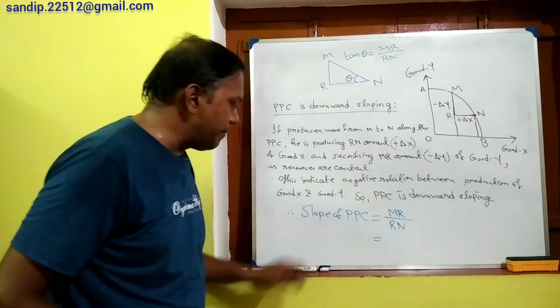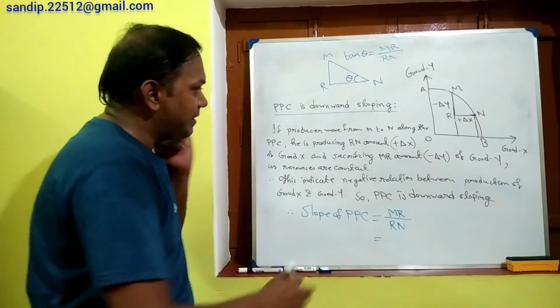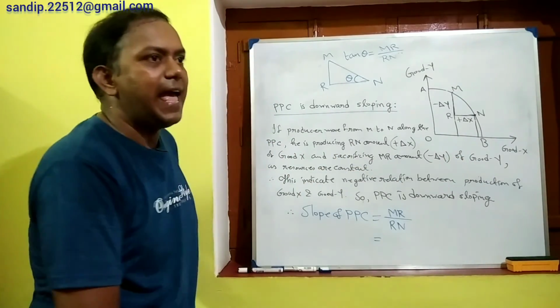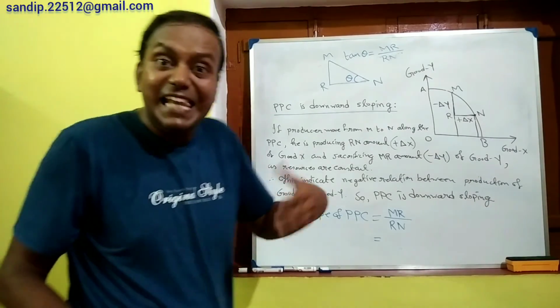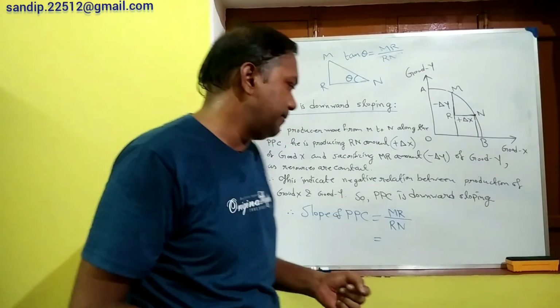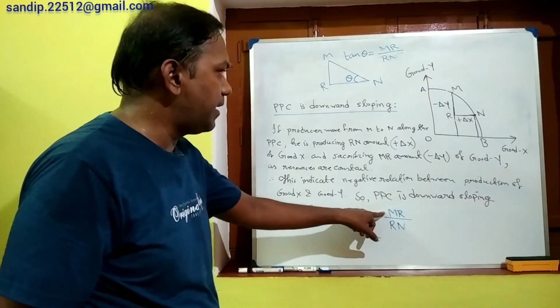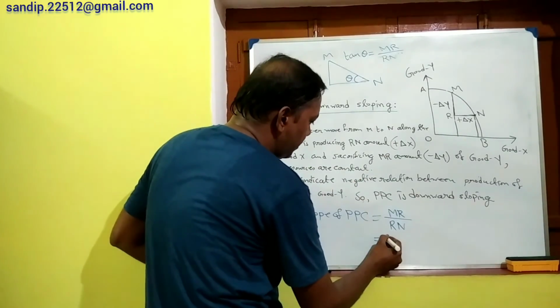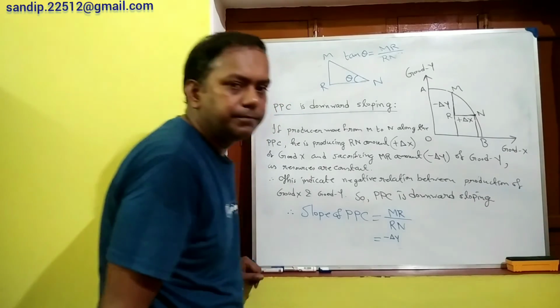Here, what is actually Mr? Mr is the amount of good Y that the producer has sacrificed, meaning he is producing less. So we can write it as minus delta Y. So obviously this one will be negative.